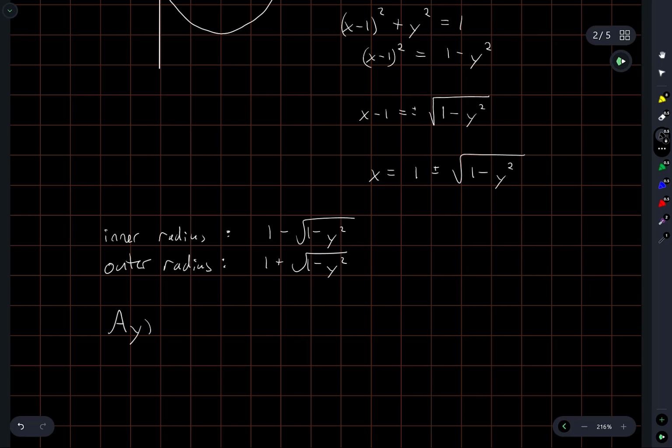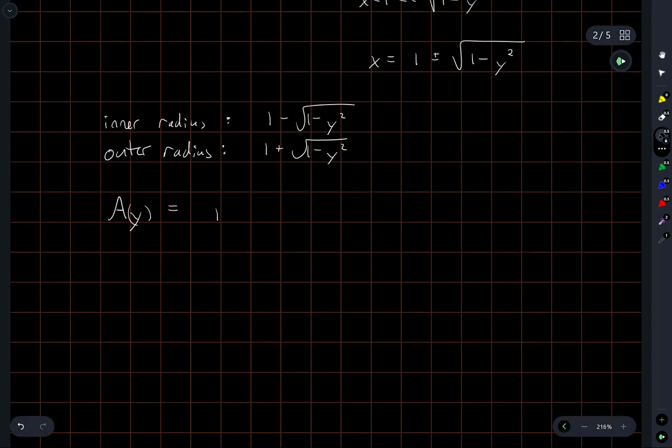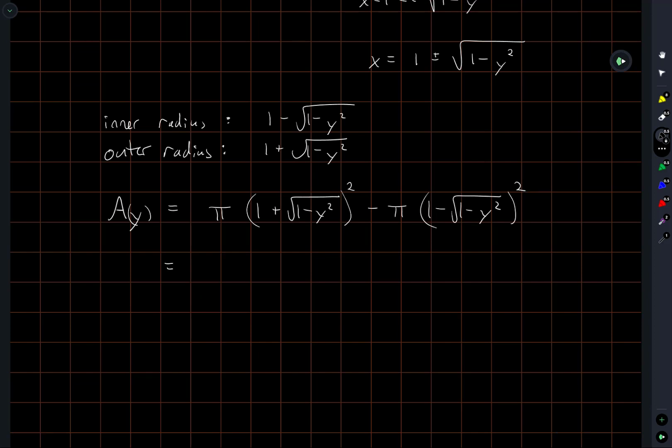The area as a function of y is going to be pi times the outer radius squared minus pi times the inner radius squared. I wonder if we're going to get some kind of cancellations here, but I am going to expand this.